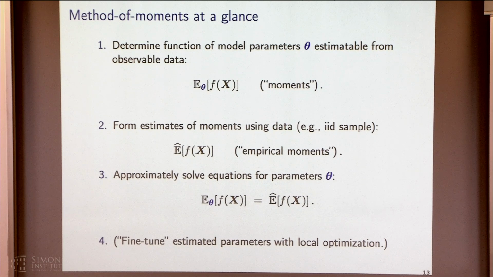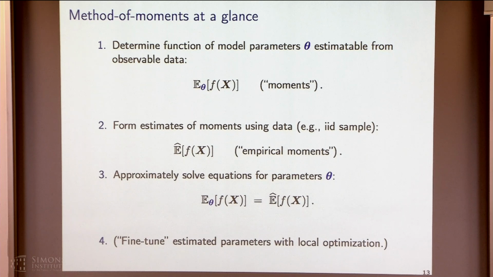Okay, so this is something that depends on the distribution and the parameters. Then, using the data that you actually observe, you form some estimate of that quantity, of these moments. And once you've estimated these things, you can just set them equal to each other and solve the equations. Okay? You solve the equations for theta in this case.